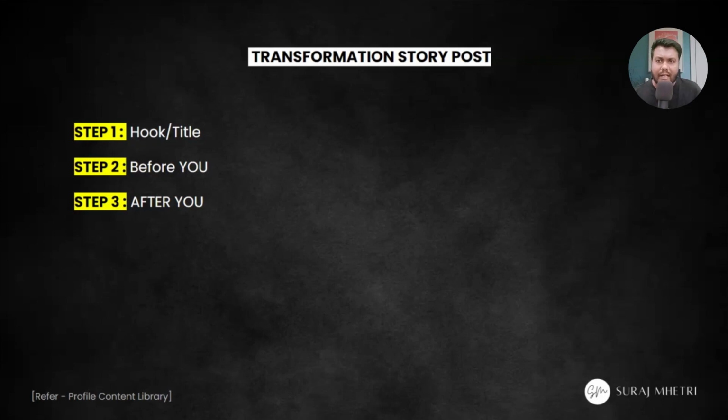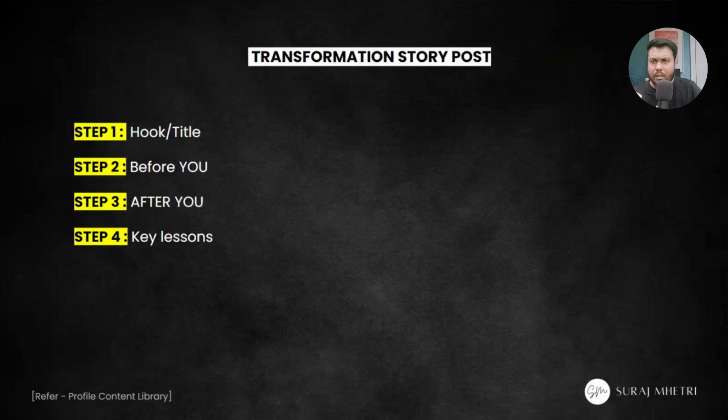Okay. Then after talking about what you were before and what you were afterwards, you are going to talk about the key lessons, what actually changed from your before and after situation. What was the main change you accepted, what main change you embraced, what did you start doing differently that made you achieve the outcome you talked about in the after you section in step 3.